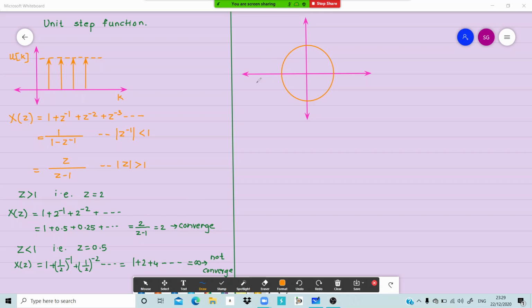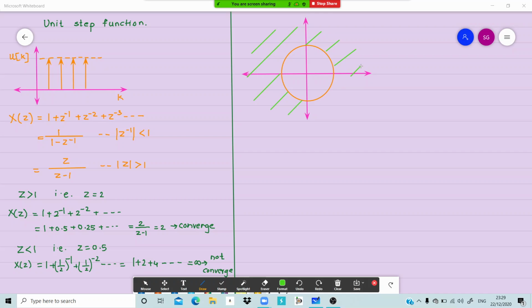That means the ROC for this particular system is outside the unit circle.